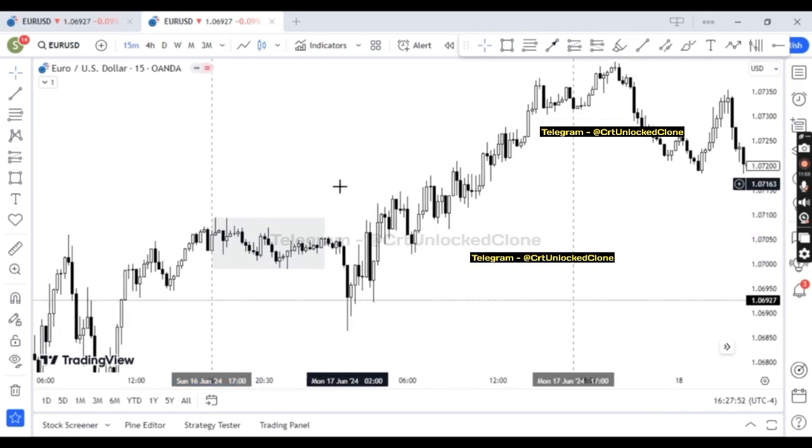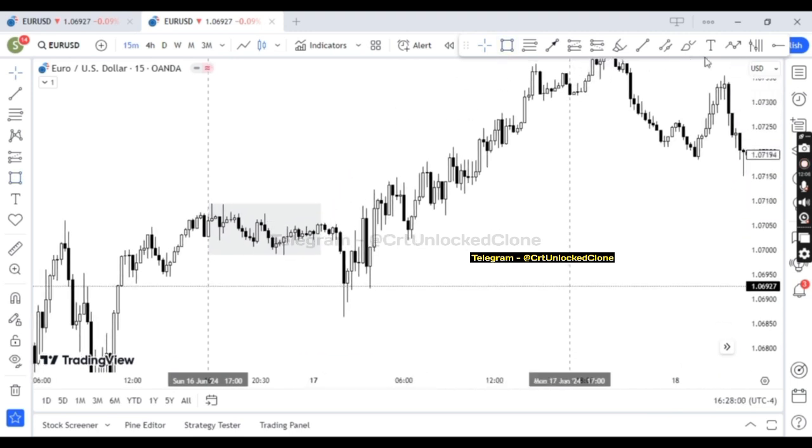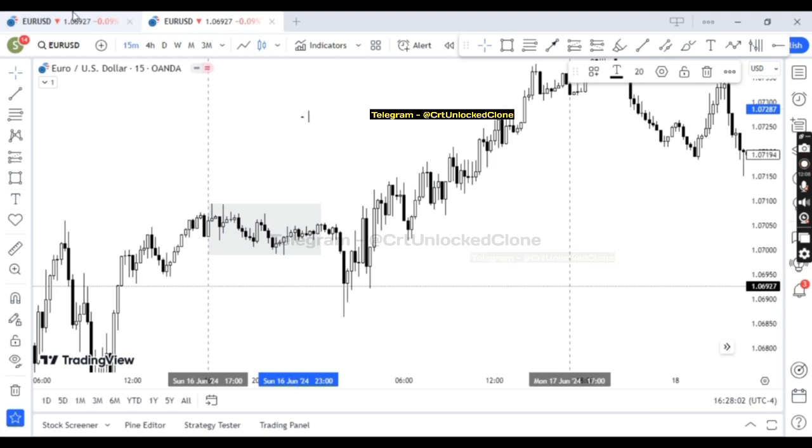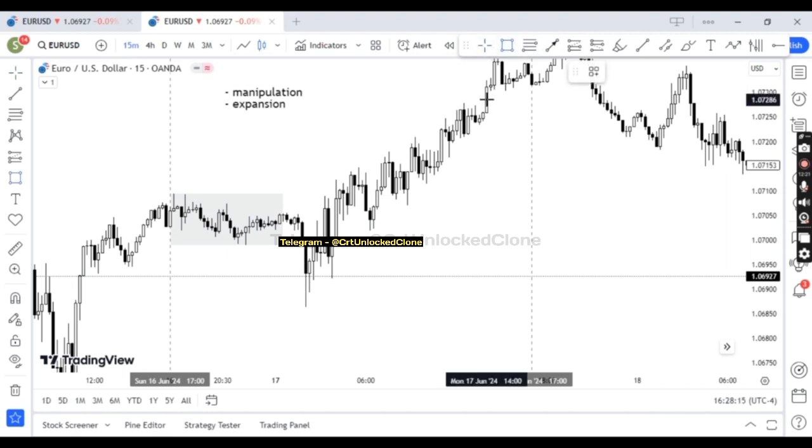You can see that after the opening time price straight away went into a consolidation profile, and then after the consolidation profile, as I said before, it can only have two possible outcomes, which are a manipulation profile or an expansion profile, right? And in this case we had a manipulation profile, right?